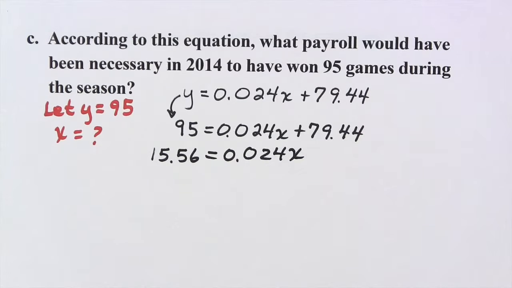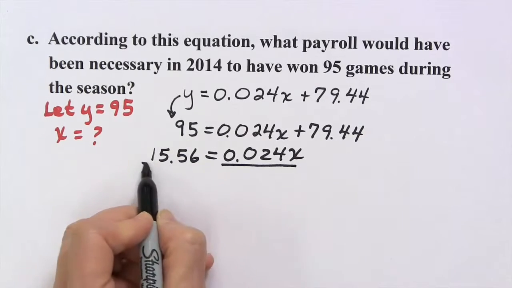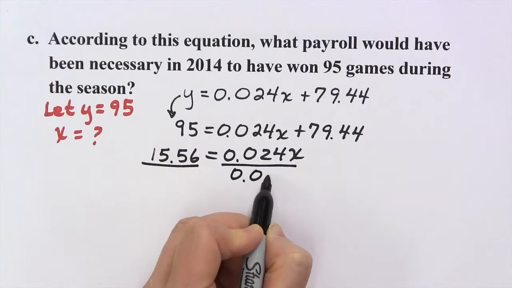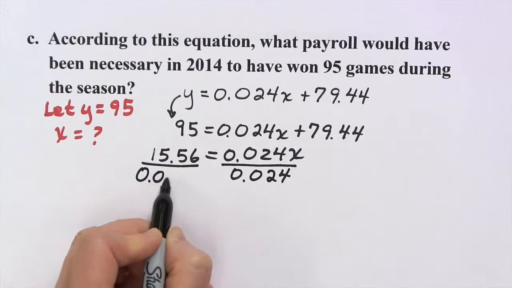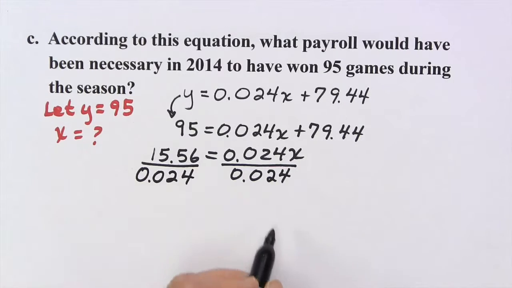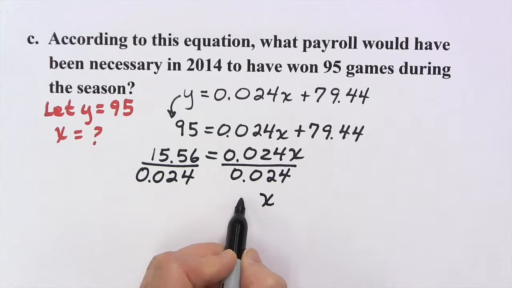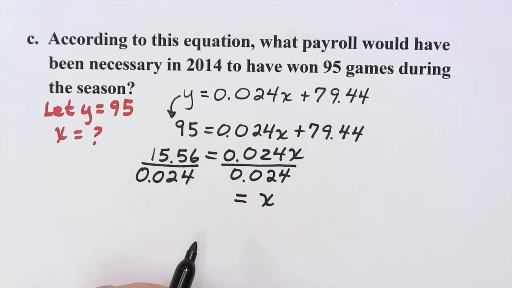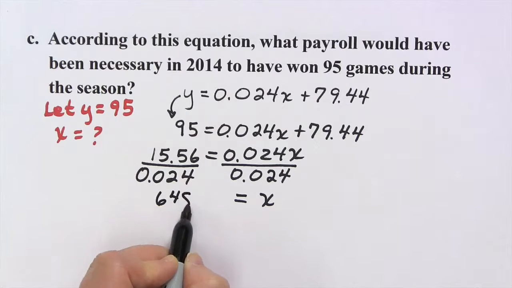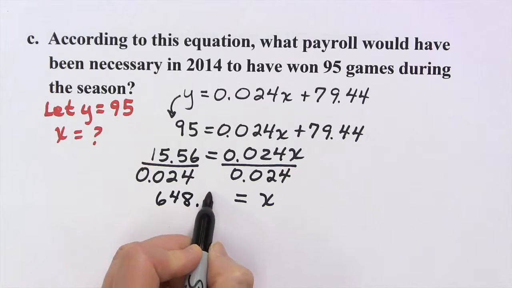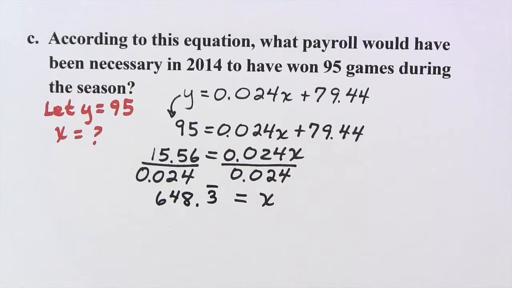How do you solve this equation for x? You just divide both sides by the coefficient of x, 0.024. I did that to both sides, so the right side is x. I'll let you divide, but if you do so, you'll have 648, and then you'll have 3's continuing forever.